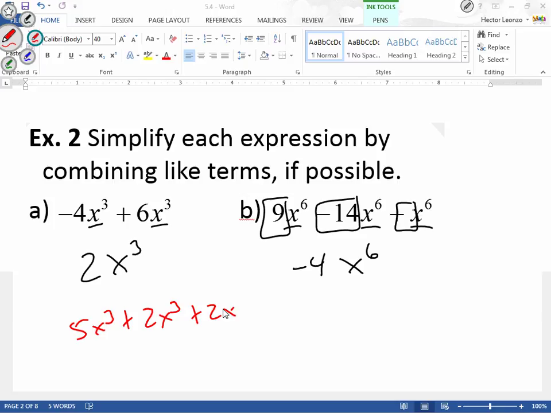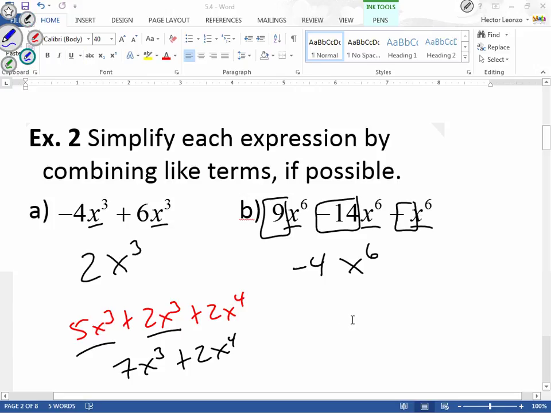Now, let's say we had something like 5x to the third plus 2x to the third plus 2x to the fourth. I can only combine those that have the same letters. So those I will call 7x to the third plus 2x to the fourth. These two I cannot combine because the letters are different. Let's take a look at another example.